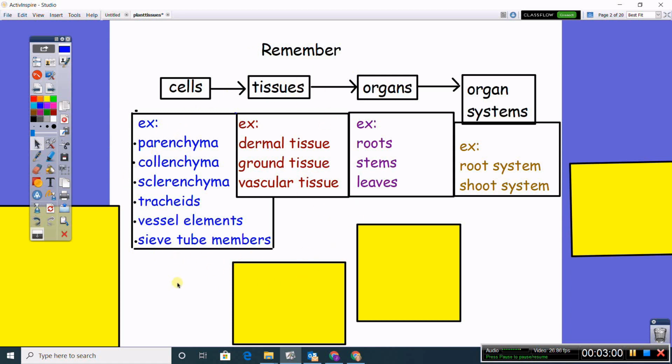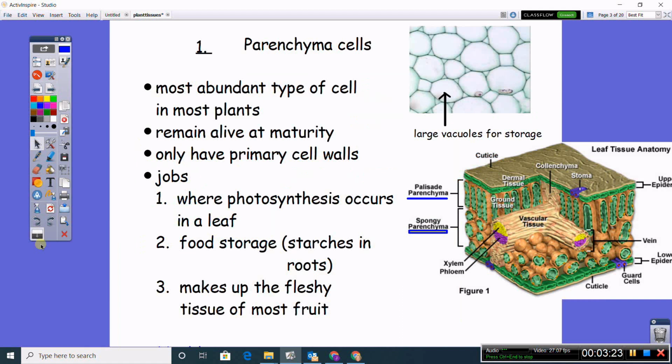So cells. What we're going to be filling in is your long sheet. You should have an 11 by 17 sheet. I believe cells are all on one side, and then tissues are on the other. And then on Friday and maybe Monday, Tuesday, we'll be talking more about roots, stems, and leaves. Okay.